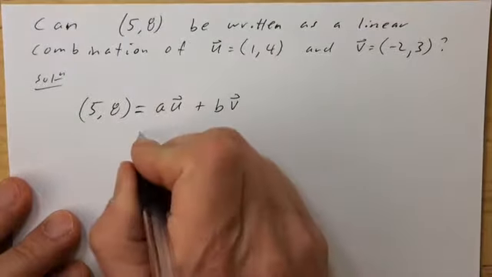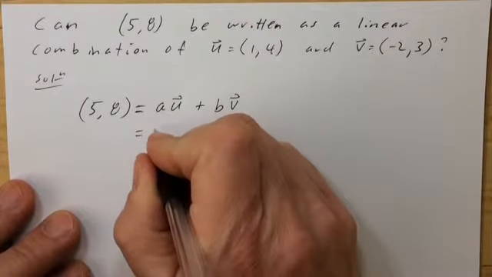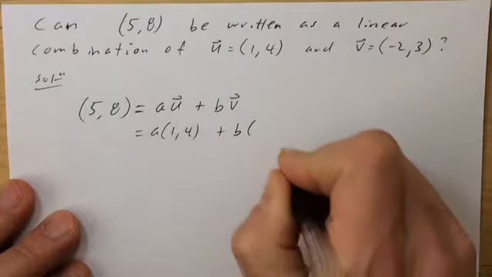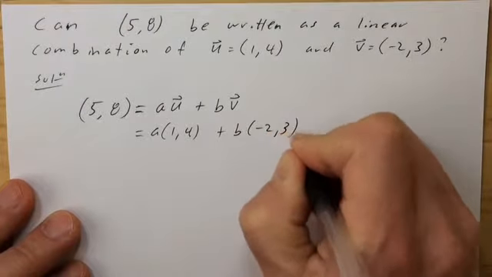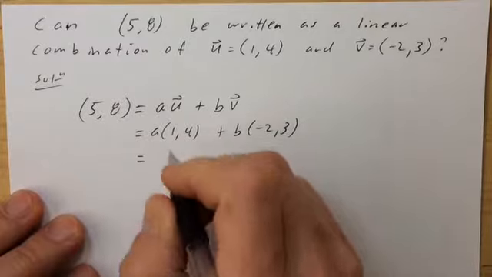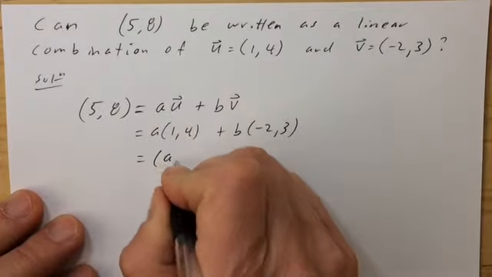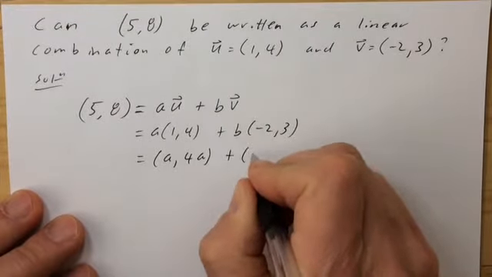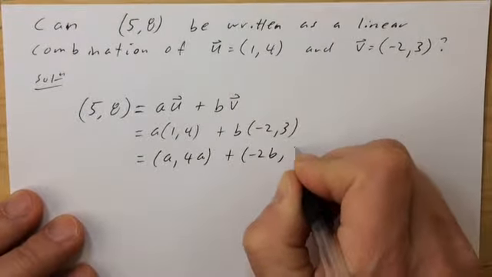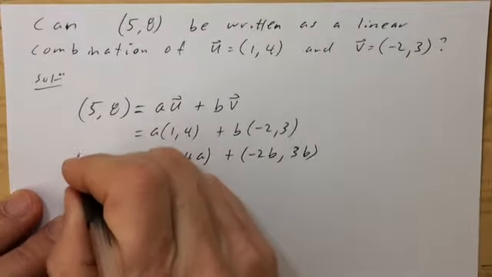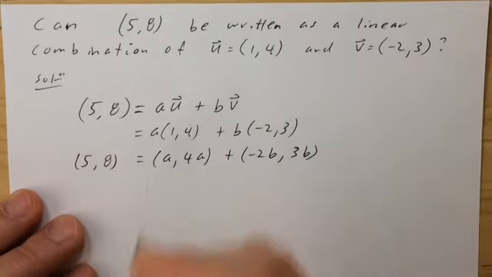Okay. We're now going to fill in what u and v are. So a times 1, 4, plus b times -2, 3. Multiply in the a and the b, and you get a, 4a plus -2b and 3b, and that equals vector 5, 8.